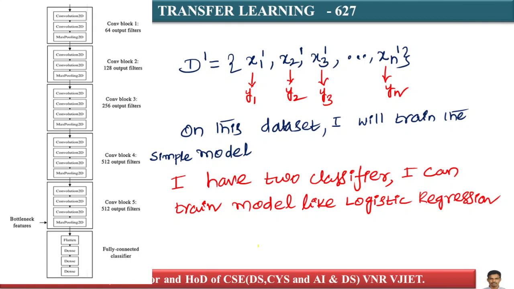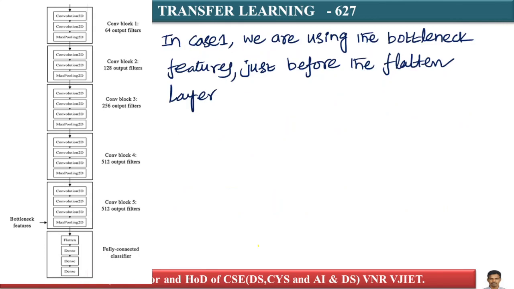This is case 1. In case 1, what are we doing? We are using bottleneck features at the flatten layer.